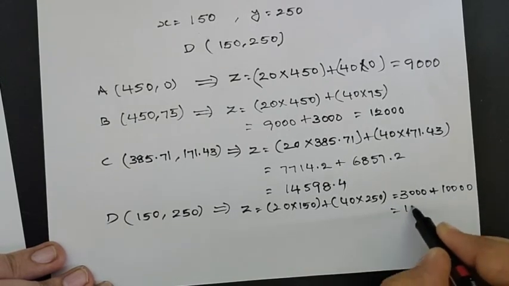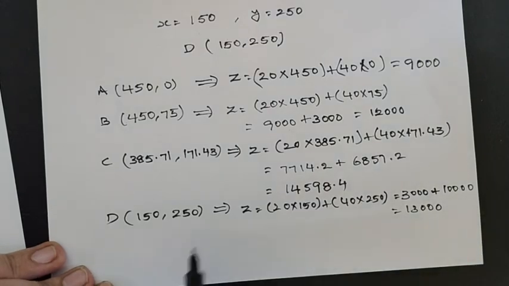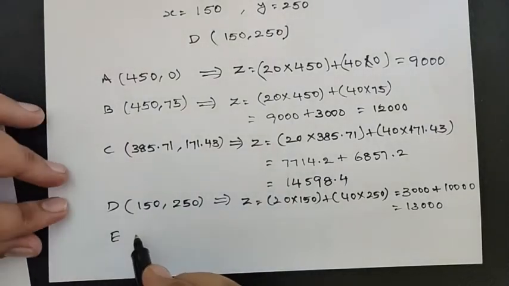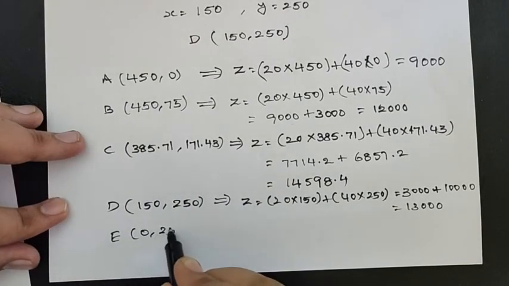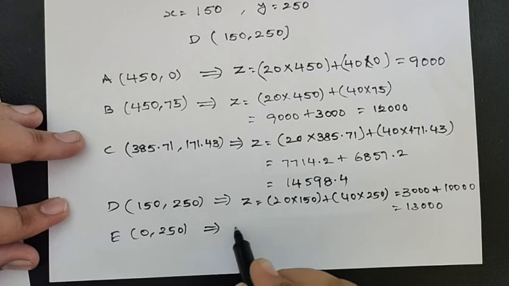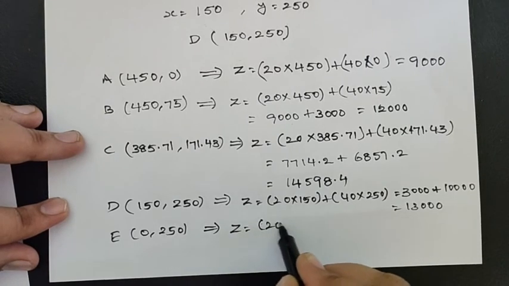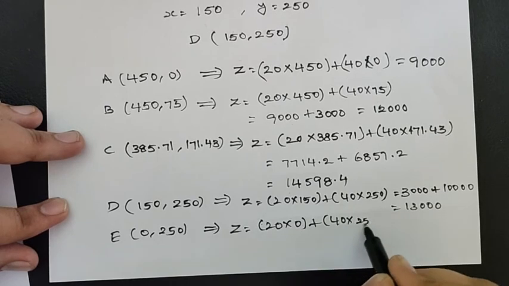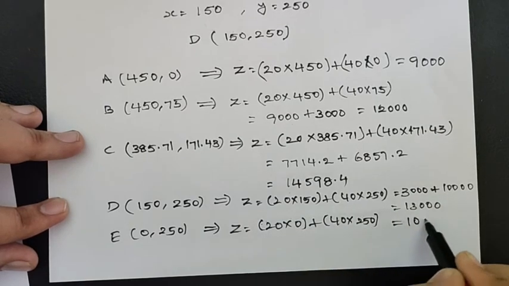It is 13,000. Next, coming to E, the value of E is 0 comma 250. So the value of z is equals to 20 into 0 plus 40 into 250, that equals 10,000.